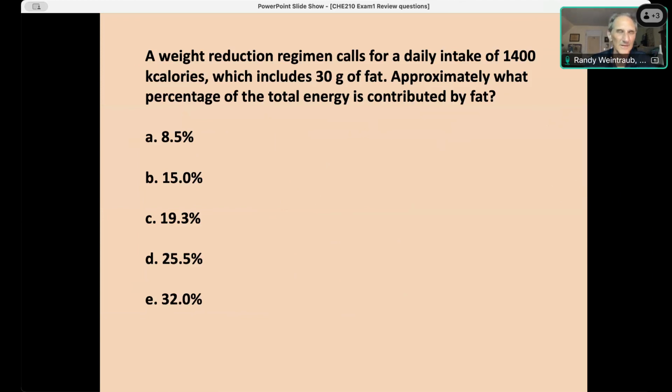On a test, there'll be one or maybe two questions like this, and there's a calculator in the lockdown browser. It's up at the top.